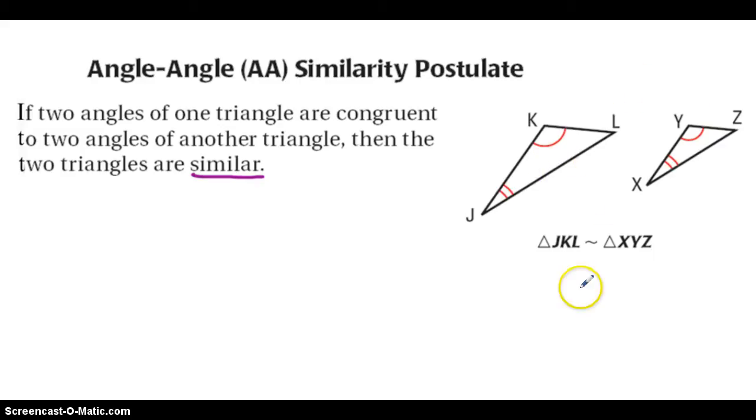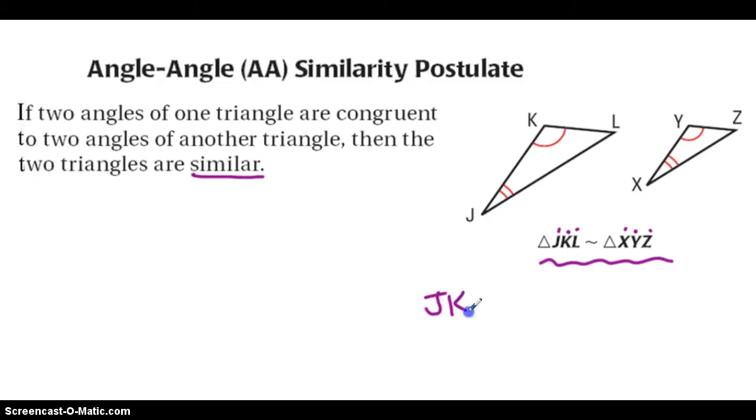Okay? So here we can see in this example, we are told, here's our similarity statement, triangle JKL is similar to triangle XYZ. So we would know that angle J is congruent to angle X, and you could see that in the figure. Angle K is congruent to angle Y, and then we would be able to find that angle L is congruent to angle Z. That's my similarity statement, and from the similarity statement we could write the statement of proportionality.